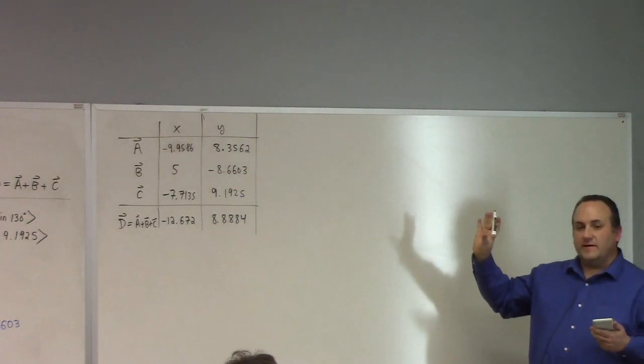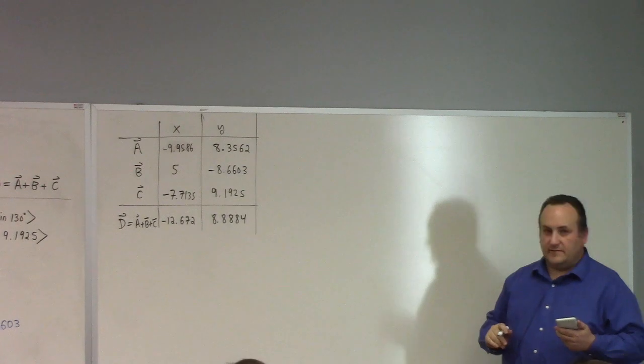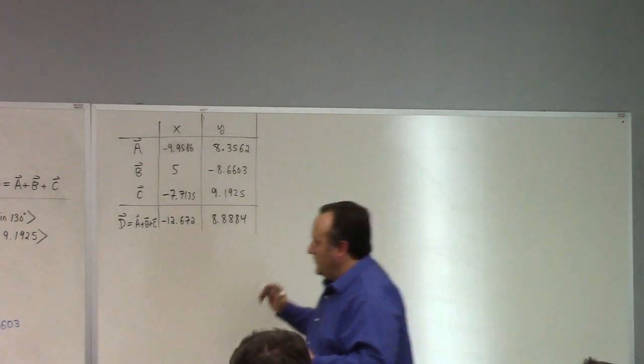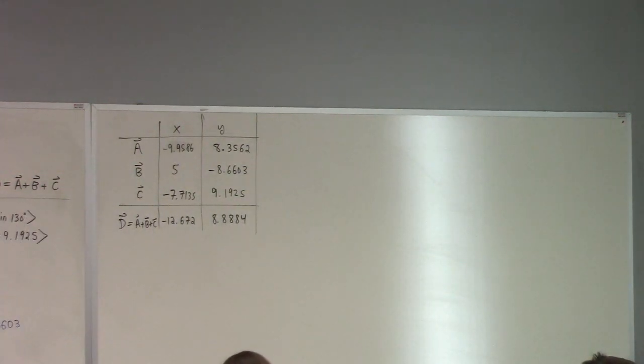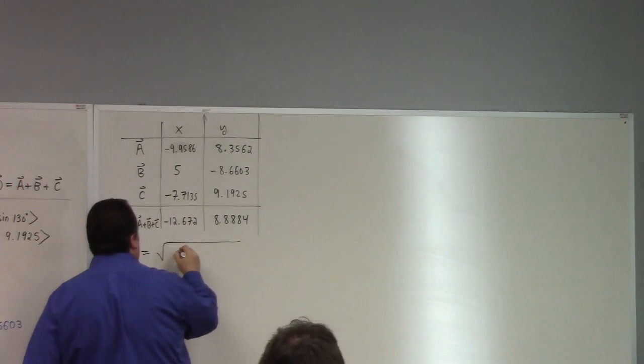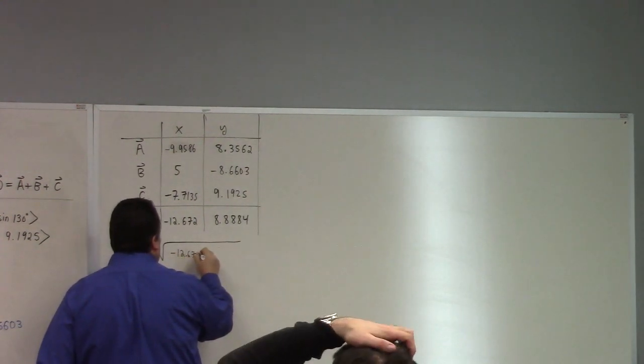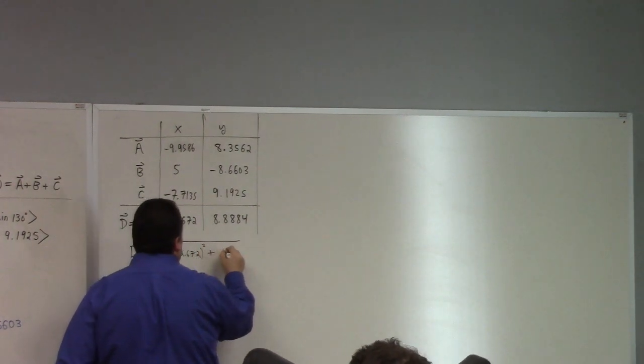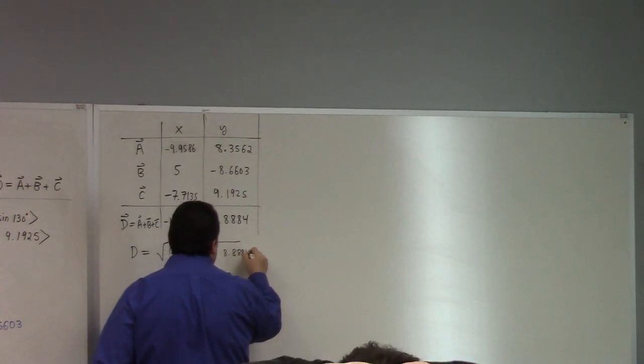So now we have found the Cartesian form of the resultant, right? This is the Cartesian form of the resultant. You guys tell me what's the magnitude here? D is the square root of minus 12.672 squared plus 8.8884 squared.